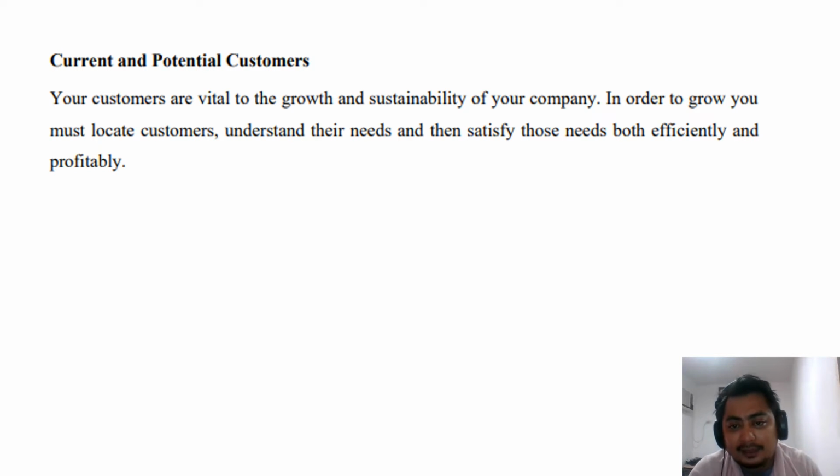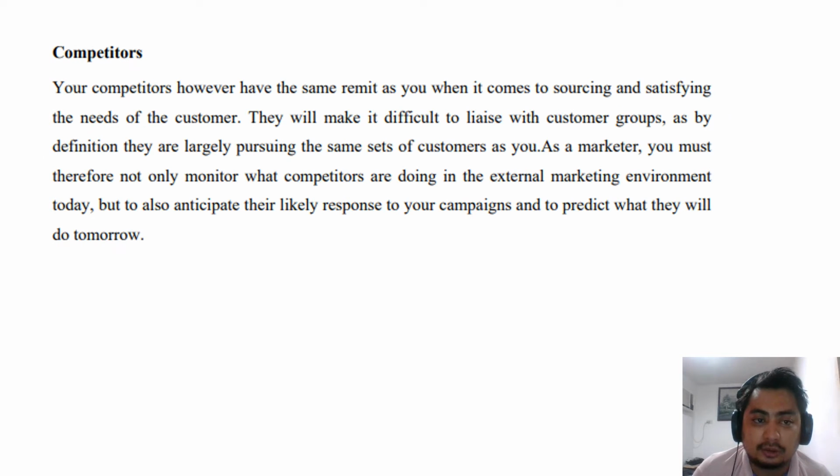Find that gap and then satisfy those needs both efficiently and make a profit out of it. Current and potential customers.